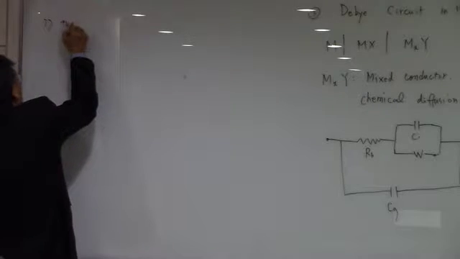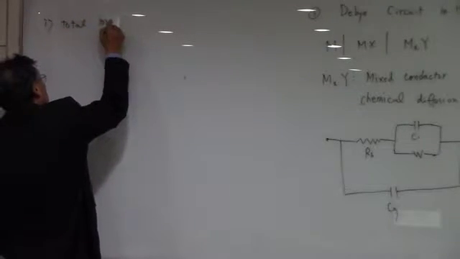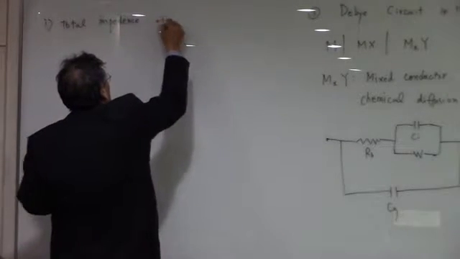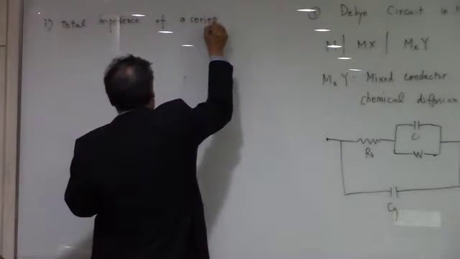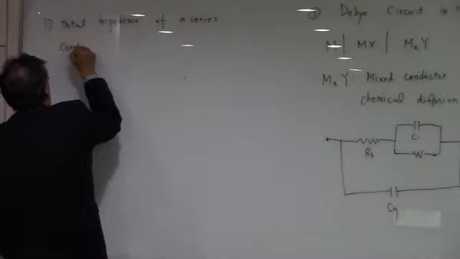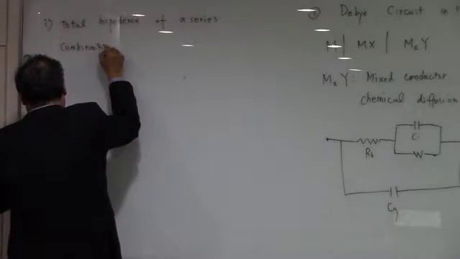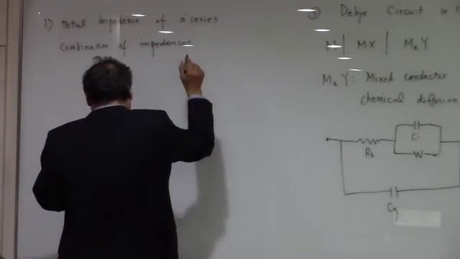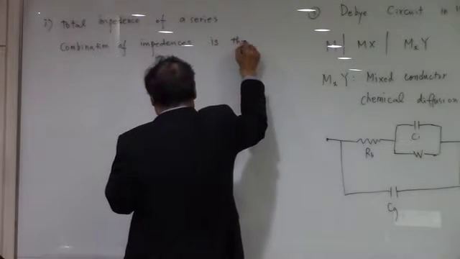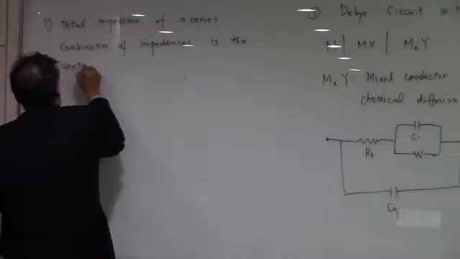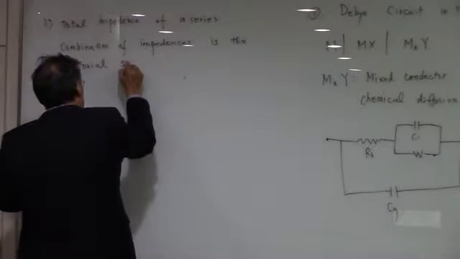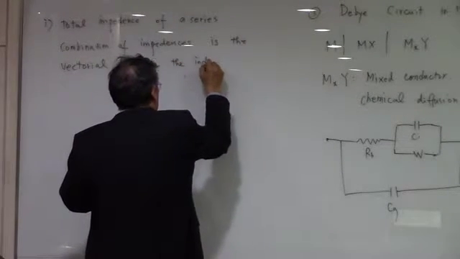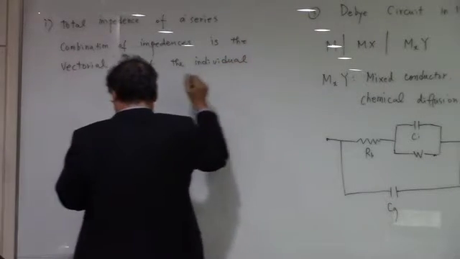First, the total impedance of a series combination of impedances is the vectorial sum of the individual impedances.